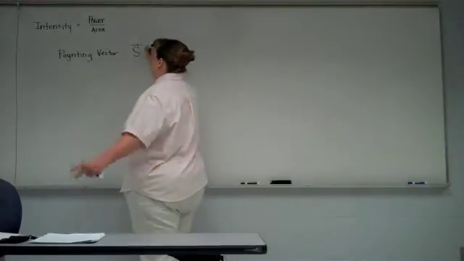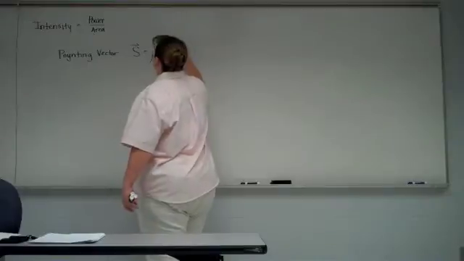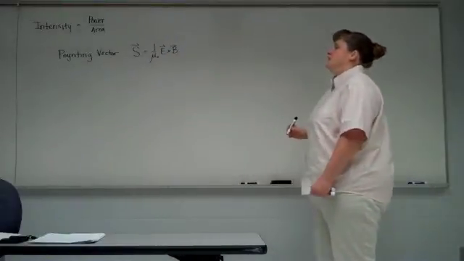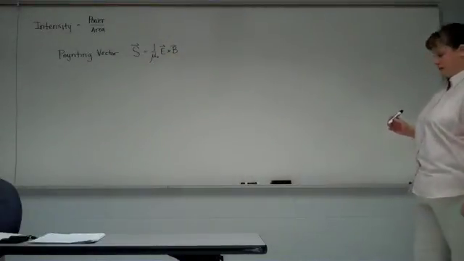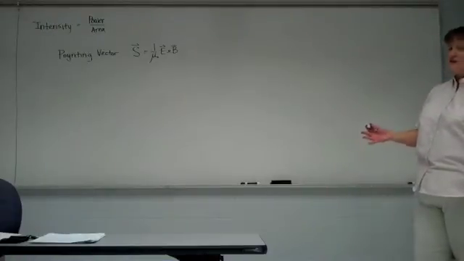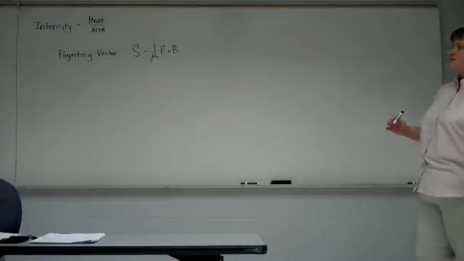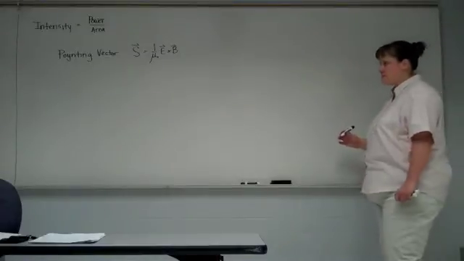It is a vector, hence the term Poynting vector. S is equal to 1 over mu naught, being our constant that we saw a lot with magnetism, and then E cross B, the electric field crossed with the magnetic field.